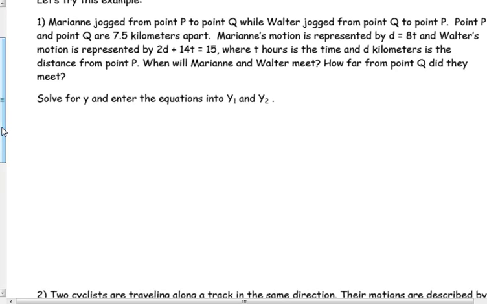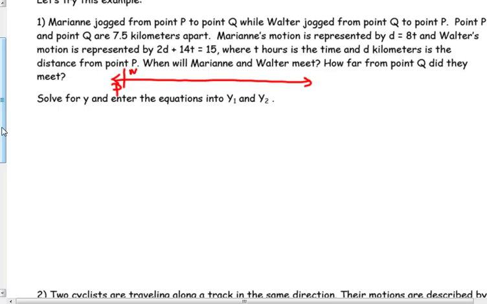Marianne jogged from point P to point Q, while Walter jogged from point Q to point P, where P and Q are approximately 7.5 kilometers apart. Just to get the idea, here's point P, and Marianne's jogging this way.